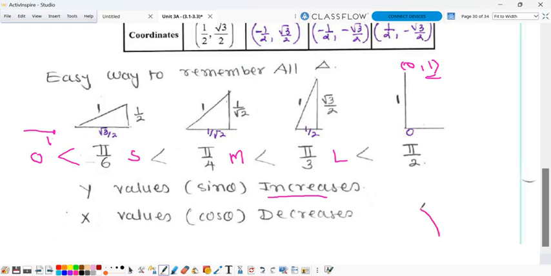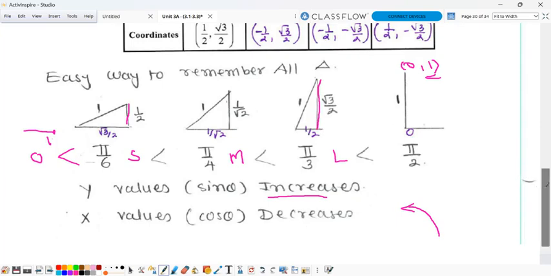As you go counterclockwise, the y coordinate increases, which means the sine theta value increases and cosine theta decreases. This is the easiest way to remember all the triangles and their numbers. Small angle, small side; medium angle, same side; large angle, large side; and again, the largest is pi over 2.